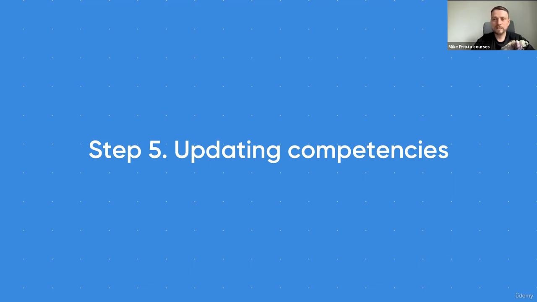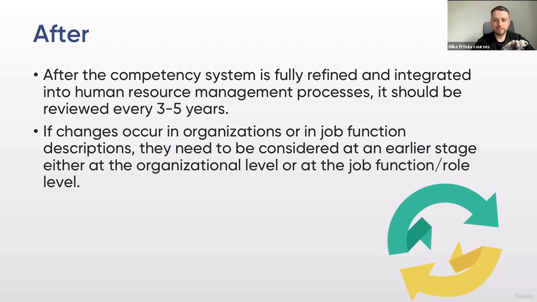Step number 5. What can and probably will happen is regular updating of competencies. That is, when the company's strategy changes, or when you work with this competency model, you might see that you want to change something. For example, in some companies where we developed a competency model, we made a decision, sometimes after 3 months, sometimes after 6 months, to change something.